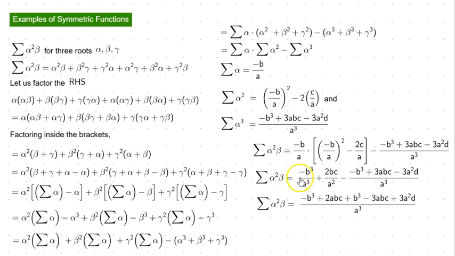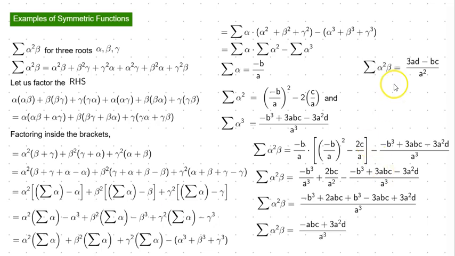Now let's combine all this. We get minus b cube plus 2abc plus b cube minus 3abc plus 3a square d divided by a cube. Simplifying it, because 2abc minus 3abc gives us minus abc plus 3a square d divided by a cube. So here minus b cube plus b cube gets cancelled out.